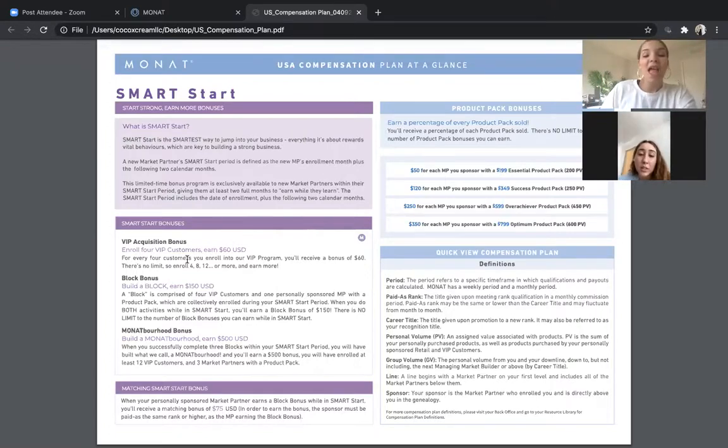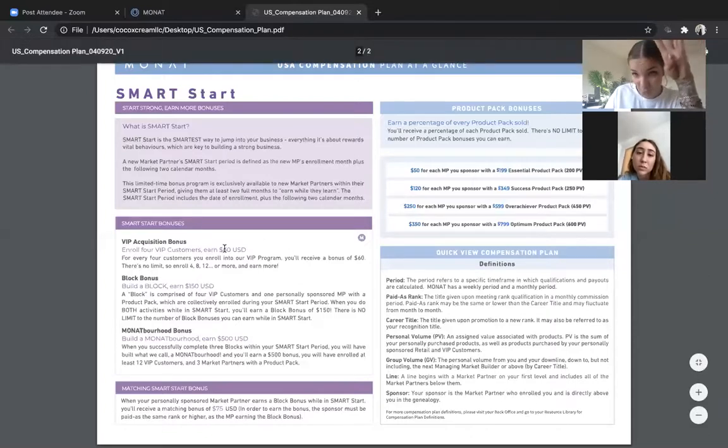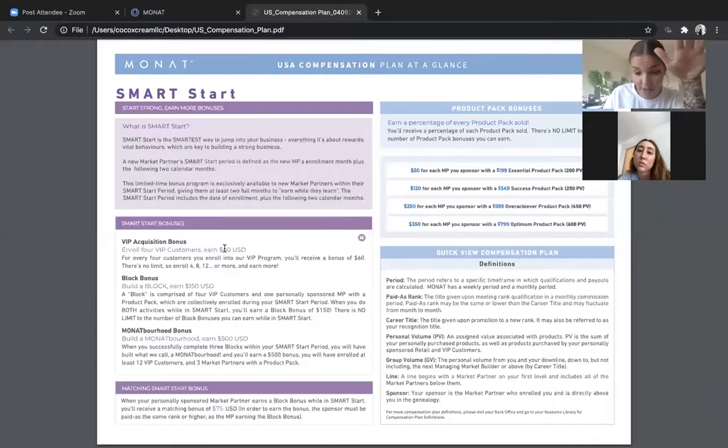But what's additional is when you have those 4 VIPs and you add on 1 market partner to those 4 VIPs, you officially close down on 1 block. During your Smart Start period, when you close down on 1 block, which is 4 VIPs, 1 market partner, you'll get not only your $60 for the VIP acquisition bonus, you'll get an additional $150.